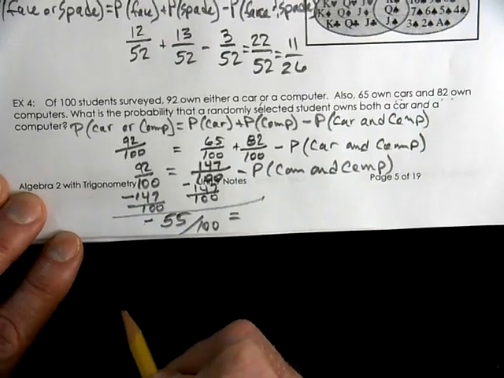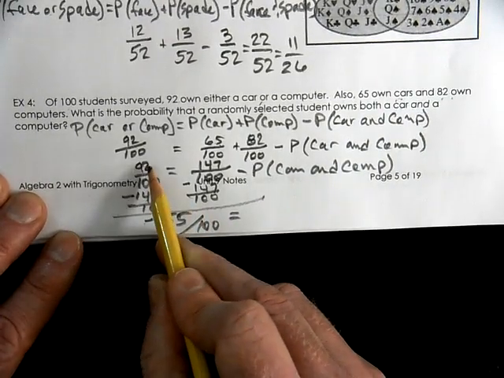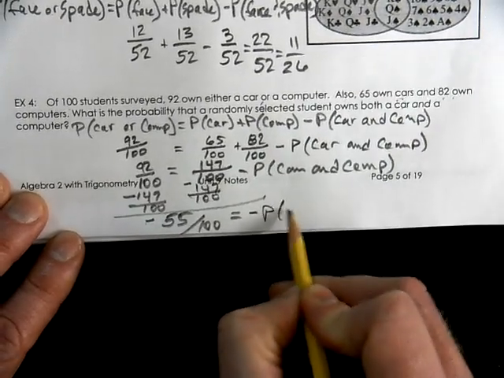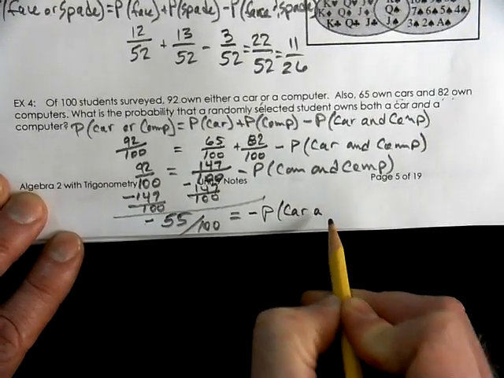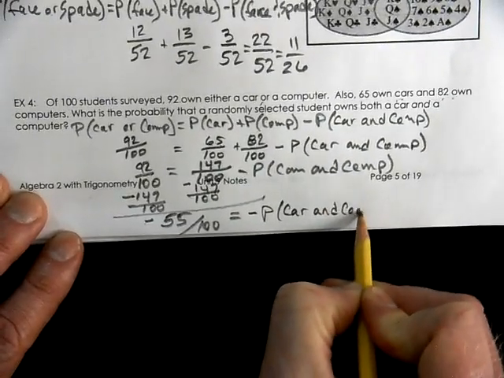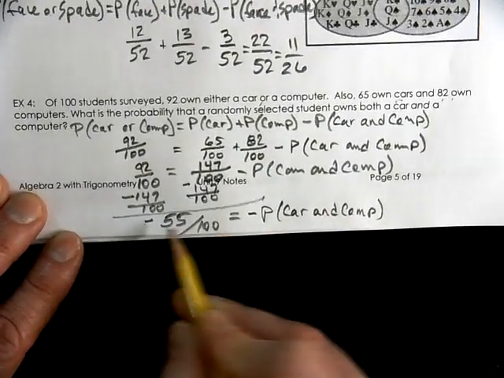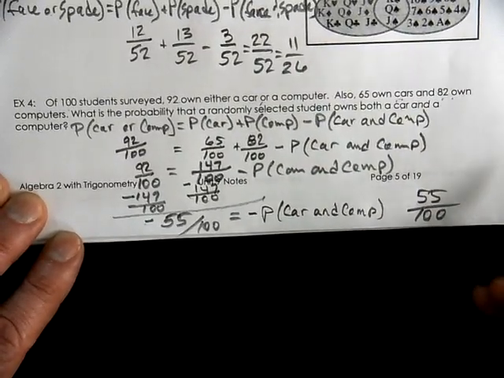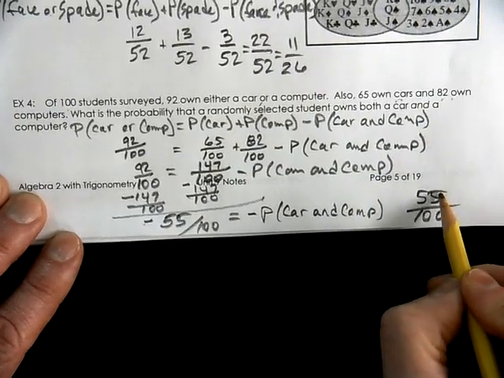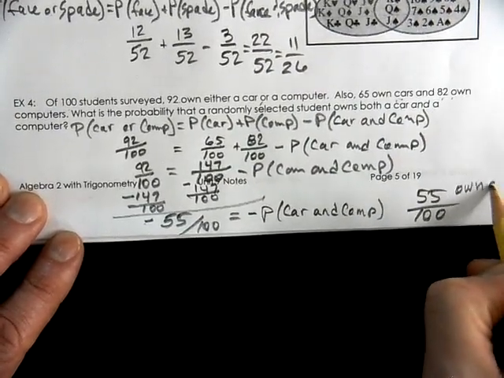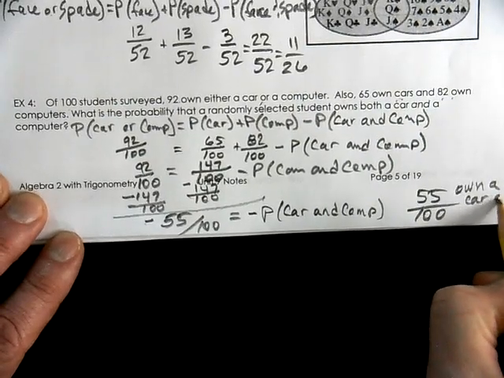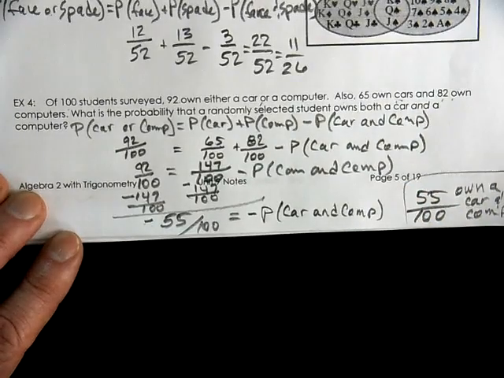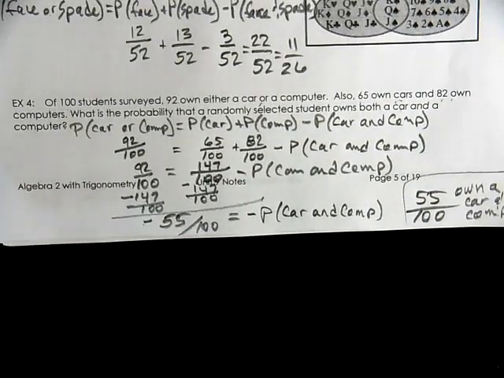It's actually a negative 55 because you're subtracting a larger number. To be negative probability of a car and computer. And when you divide the negative out of it, you get 55 out of 100 own a car and computer. And there you have it.